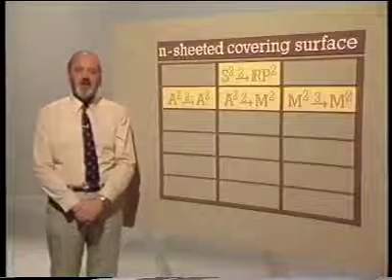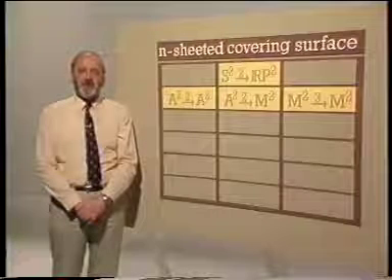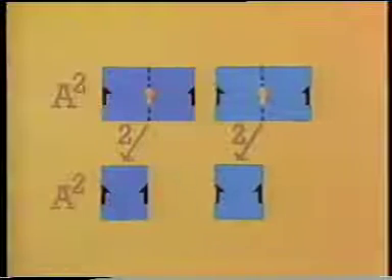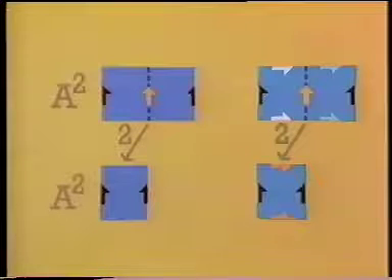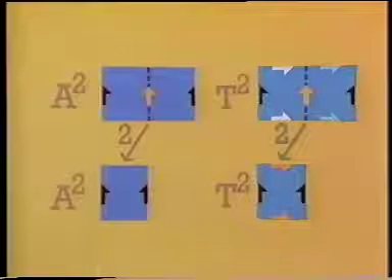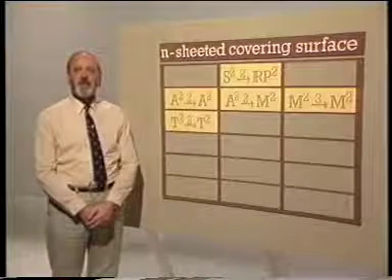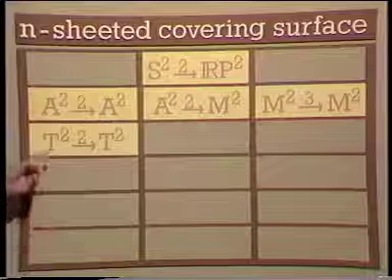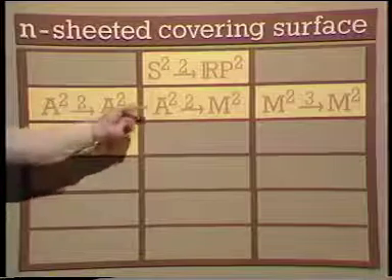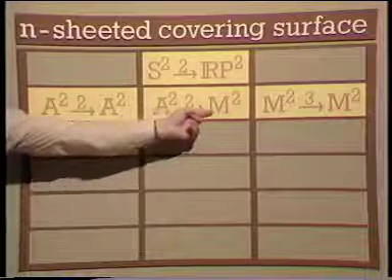What we do is identify the top and bottom edges without twisting. When we do that here, we get covering surface T2 and base T2. So that's one new example, this one. And we can do the same for A2 covering M2.